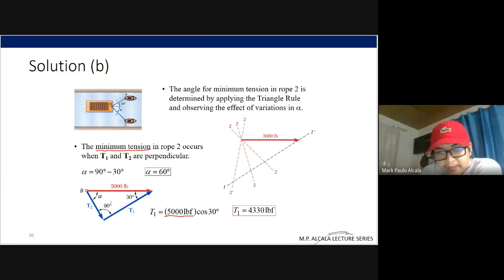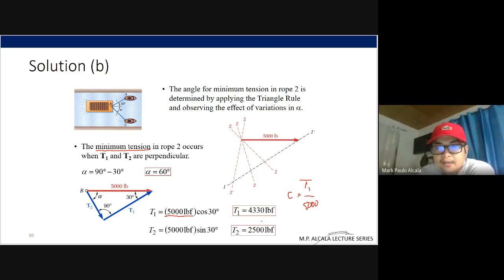Since we have a right triangle, cosine is adjacent over hypotenuse, from this equation. So don't forget that. Cosine is equal to the magnitude of the adjacent, that will be T1, over the hypotenuse, that is 5,000. That's why we get cosine 30 multiplied by 5,000. So T1 is equivalent to 4,330 pounds.